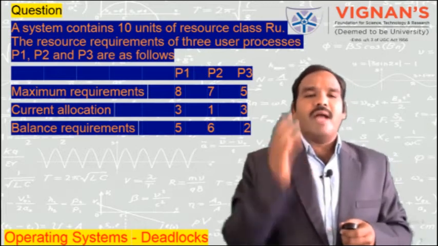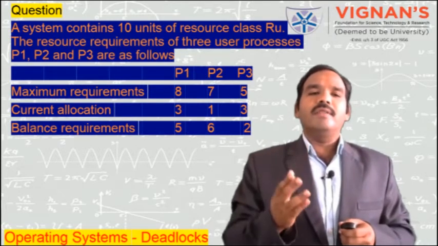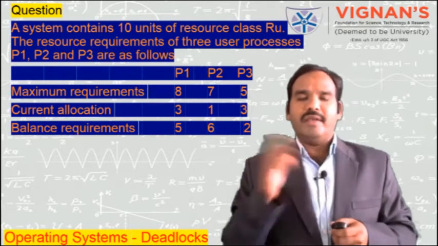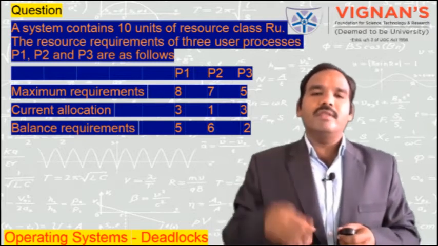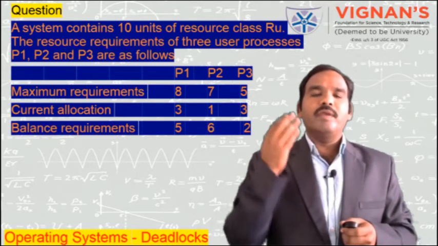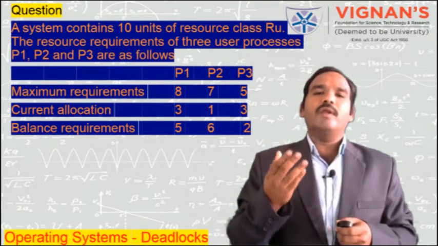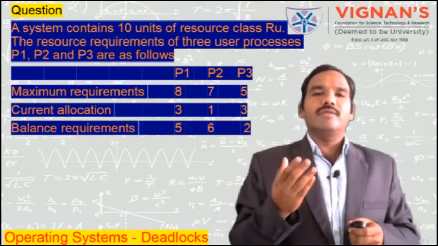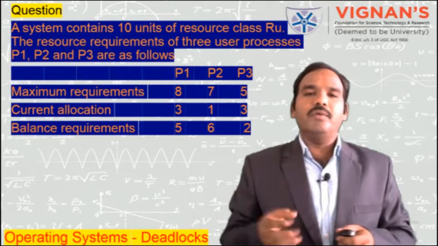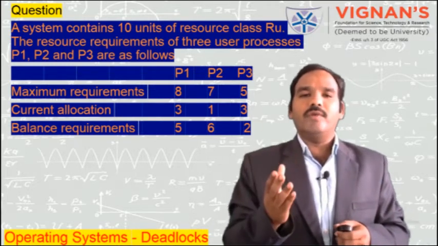And balance, you simply interpret as need. You need not calculate need. In the question itself they have given the need: 5 resources required for P1, 6 resources of RU required for P2, 2 resources required for P3.